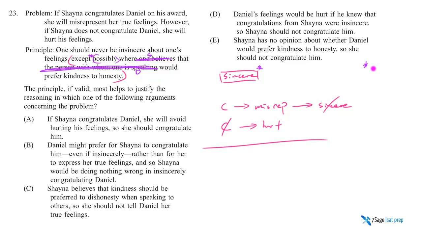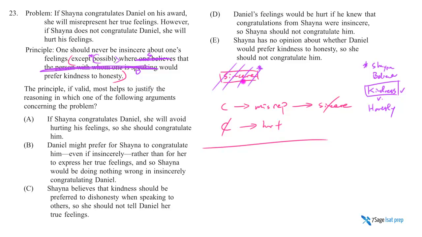So, we have to ask ourselves, what does Shayna believe? Kindness versus honesty. If it's true that Shayna believes that kindness is what's preferred by Daniel, if Daniel would rather that Shayna be kind to him than be honest with him, then this carve-out triggers. This principle then goes away, in which case she's free to do whatever, right?